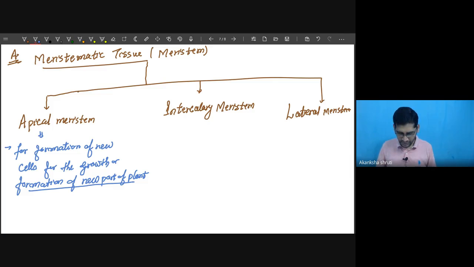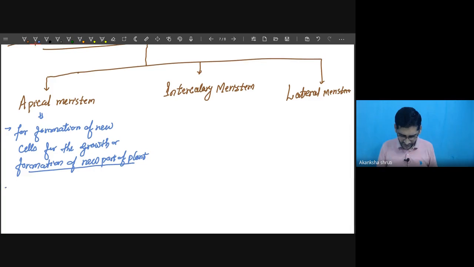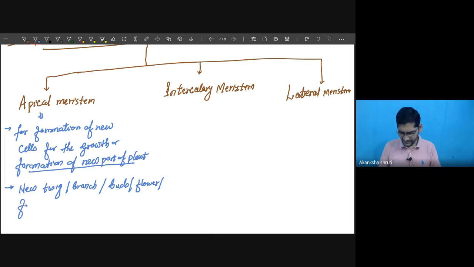And mostly we observe a new twig, or branch, or buds, or even flowers or even fruits.